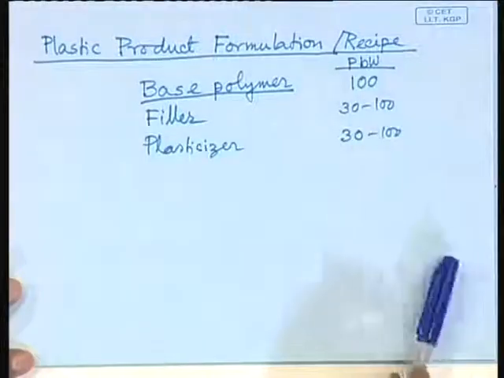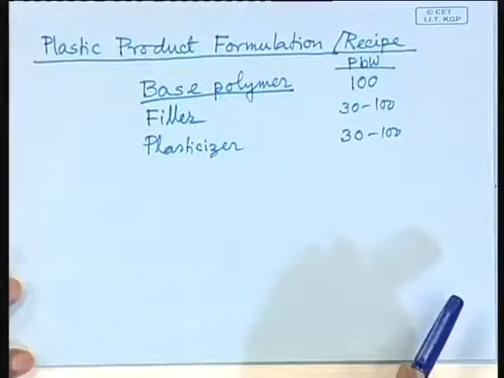If its softening temperature is 130 degrees, you have to go beyond 150, otherwise you cannot make a sheet, film, or any other product. But you can reduce the temperature provided you use ingredients like plasticizer. If you use this plasticizer, then you can reduce the softening temperature.